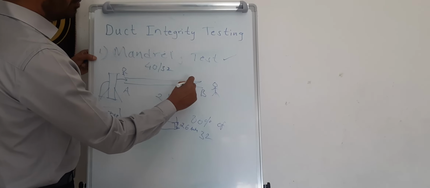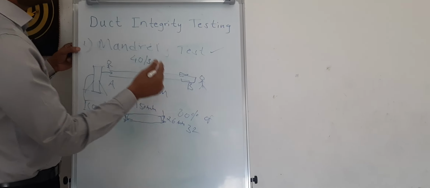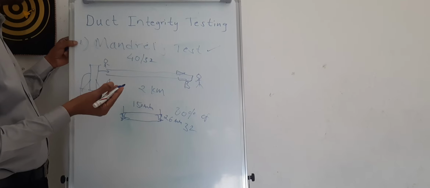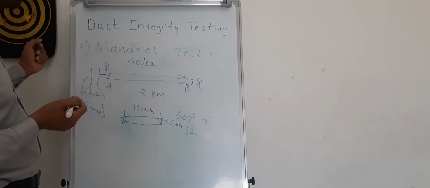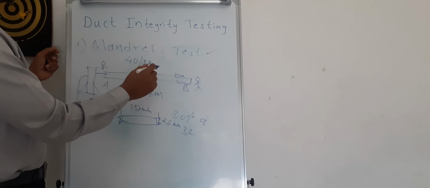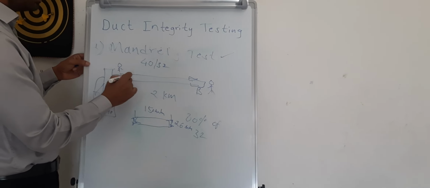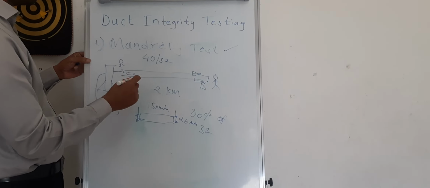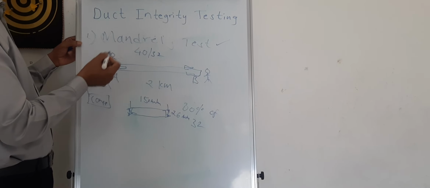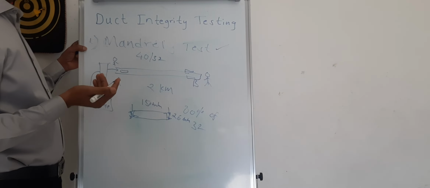So the first step is to put a catch net here, which will be used to catch your shuttle or the mandrel. Once this is done, the mandrel has to be inserted inside, and then an air pressure of 2 to 3 bars is given.